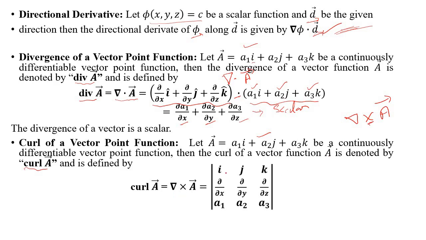Del cross A is equal to, as usual, the first row is the i, j, k components, the second row is the partial derivatives with respect to x, y, z, that is, the coefficients of del, and the third row is vector A, with its coefficients a1, a2, a3. Expand this and you are going to get one more vector. This is the curl of a vector.